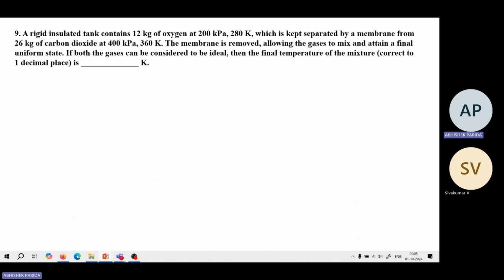Okay, so for this, you try to find out what is the enthalpy. If I have just written this question, try to find out what is the enthalpy. What is enthalpy at each of these temperatures?